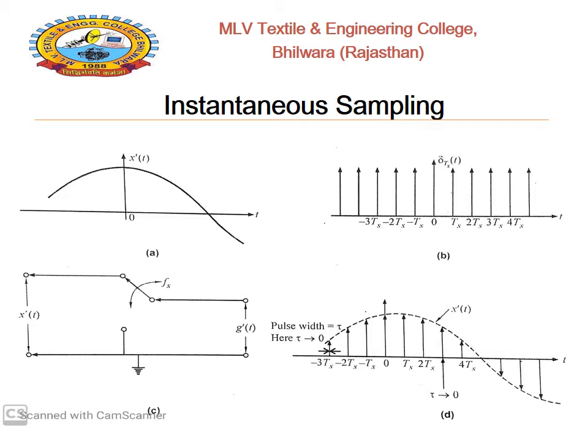So basically it generates impulses according to the continuous time signal, where the amplitude changes according to the continuous time signal, creating different samples with respect to the time duration of Ts. So it is known as instantaneous sampling.